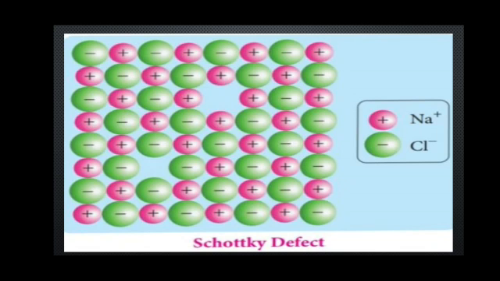A positive ion, that is the Na+ ion. So in the whole crystal structure, one Na+ ion is missed. Similarly, one Cl- ion is missed. So for the one positive charge, one negative charge gets missed. So the overall crystal lattice structure will be electrically balanced.